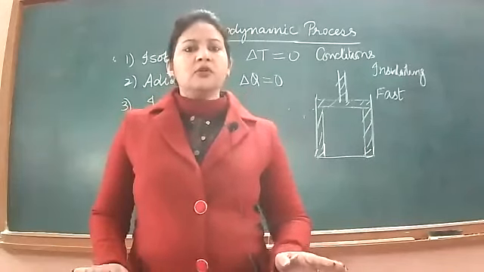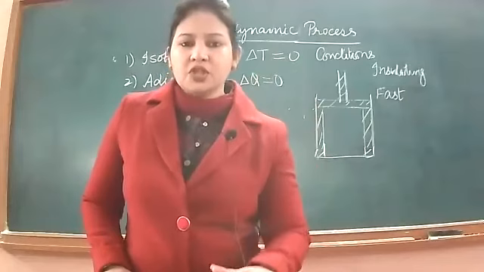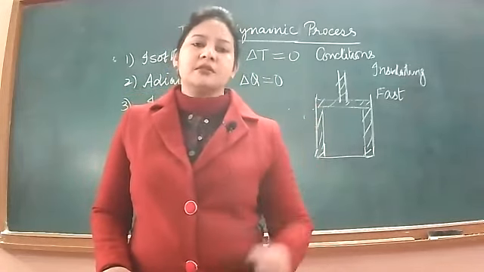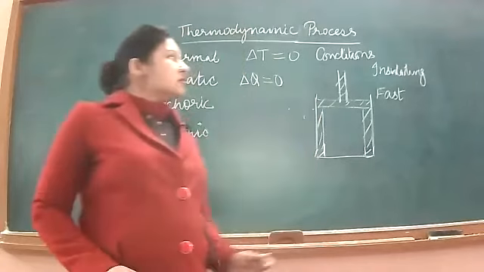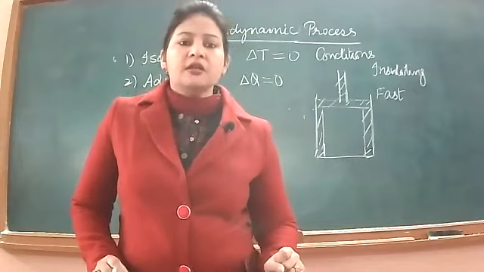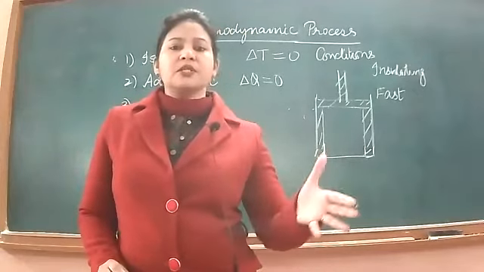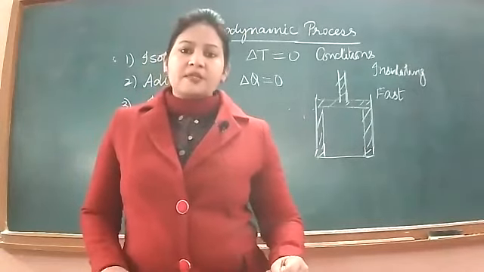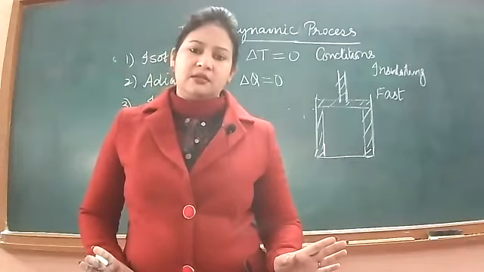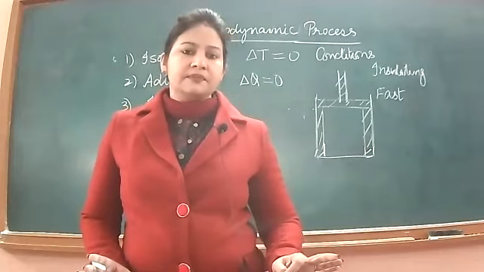So during compression the temperature should increase, and during expansion the temperature should decrease, so that there is no chance of exchange of heat. That's why these processes are carried out very, very fast.